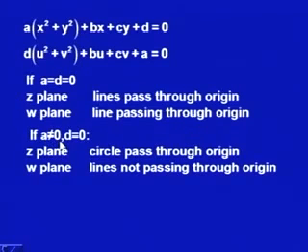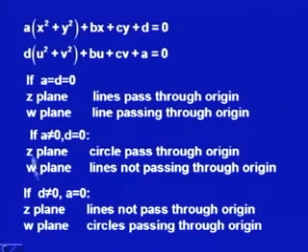However, if a is not 0 and d is equal to 0, then the z plane will represent a circle passing through the origin and the w plane will represent lines not passing through the origin. So, that is how circles passing through the origin in the z plane will become lines not passing through the origin in the w plane.